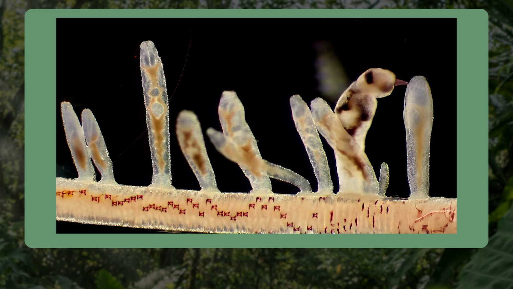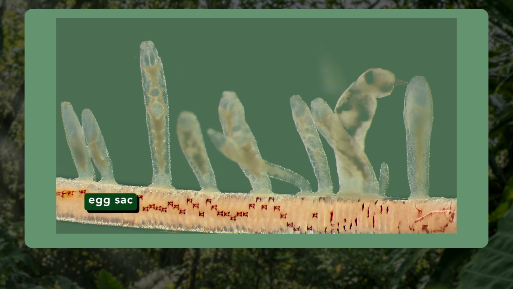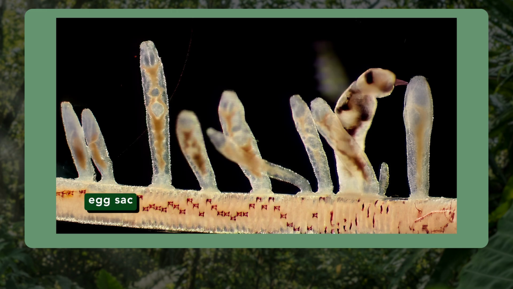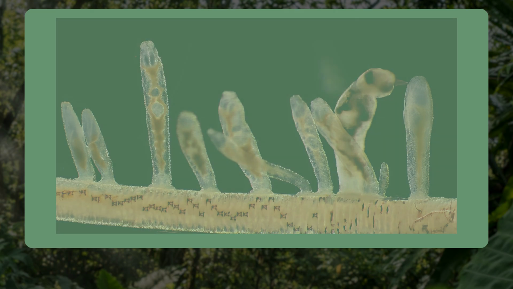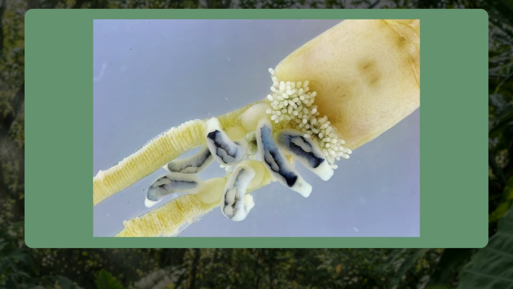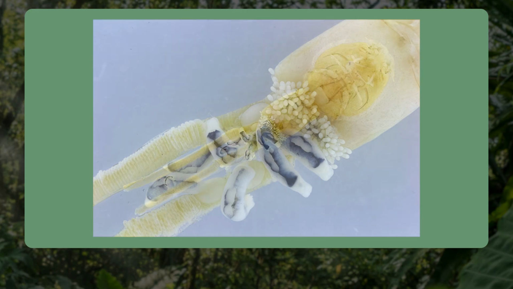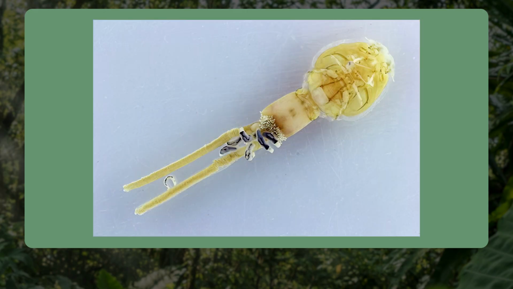Here's what some adults look like attached to the egg sac of this parasitic copepod. So the egg sac is along the lower portion of the image, and then all those guys stuck onto the egg sac are monogene adults. And here are some Udonella adults laying their eggs en masse on a copepod parasite. So here's our hyperparasite, our parasite of a parasite.